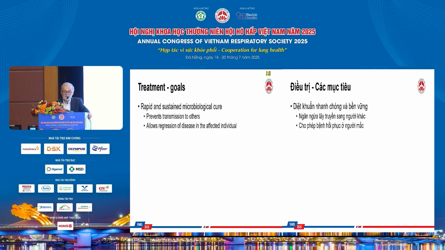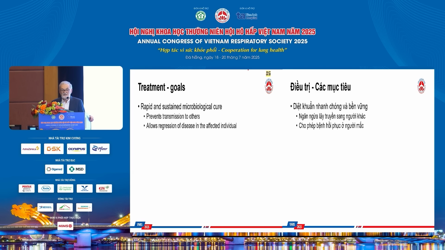Whatever we do for patients who we know have TB, we need to make sure that we can give them a rapid and sustained microbiological cure. That has always been the goal, and it remains the goal. But sometimes we forget about it. It's very important we don't forget that that's what we're trying to achieve.